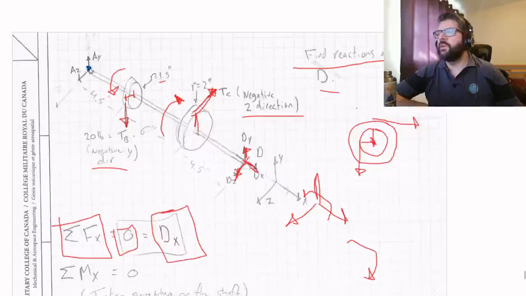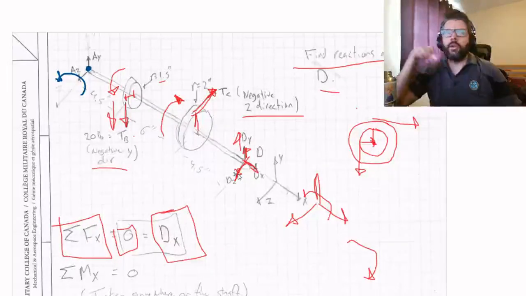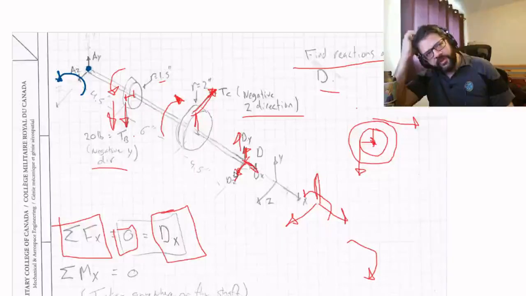So if we're holding on to this point, and we're just trying to measure the tendency to spin around this axis, then the only forces that are going to cause any tendency for that to happen are our downward force TB here, and our upward force TY here. All the others are going to be causing rotation about different axes.